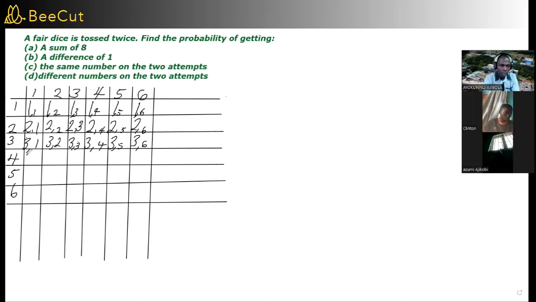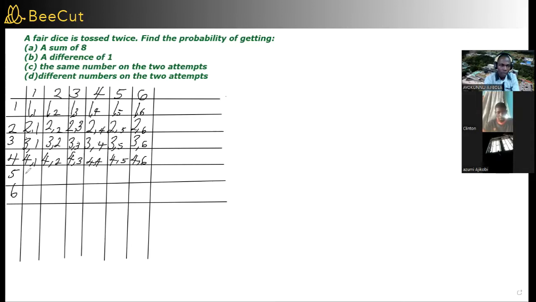Then it's possible we have 4 for the first attempt and 1 for the second attempt. So 4, 1, 4, 2, 4, 3, 4, 4, 4, 5, 4, 6.